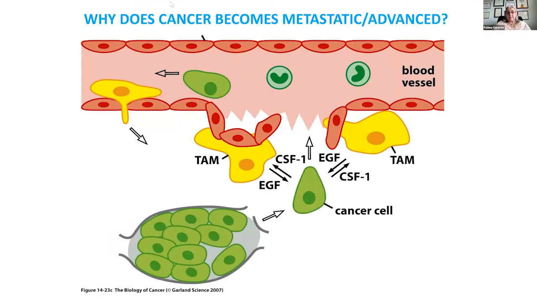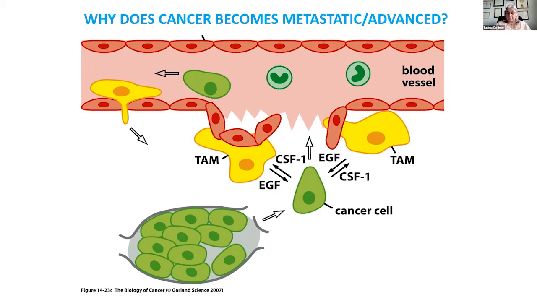So why does a cancer become metastatic or advanced? What you can see in this cartoon, the green cells are the cancer cells. They start to develop in the breast. And at a certain moment, they gain certain characteristics that allow them not only to grow, to proliferate, to multiply much more than a normal cell.